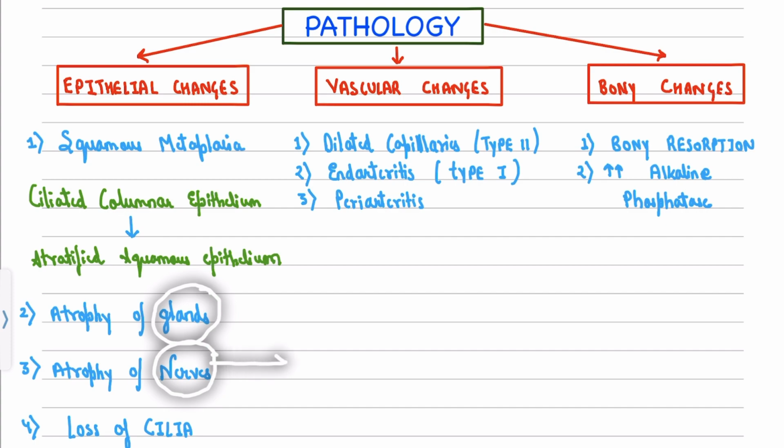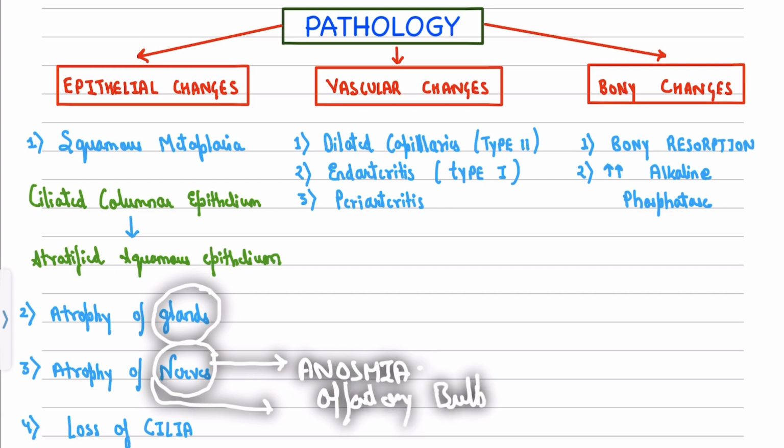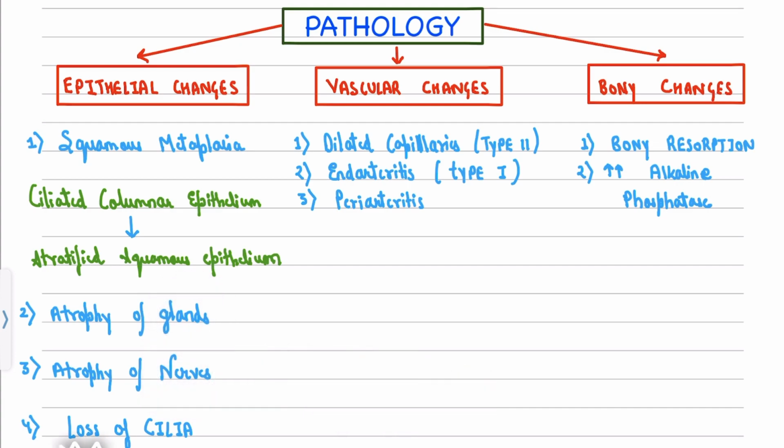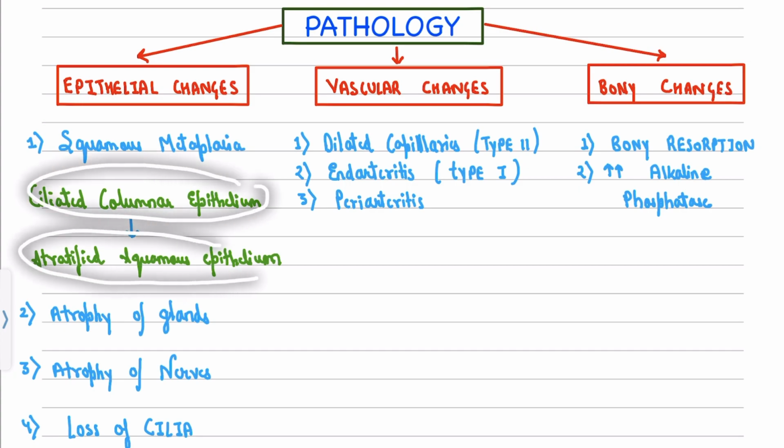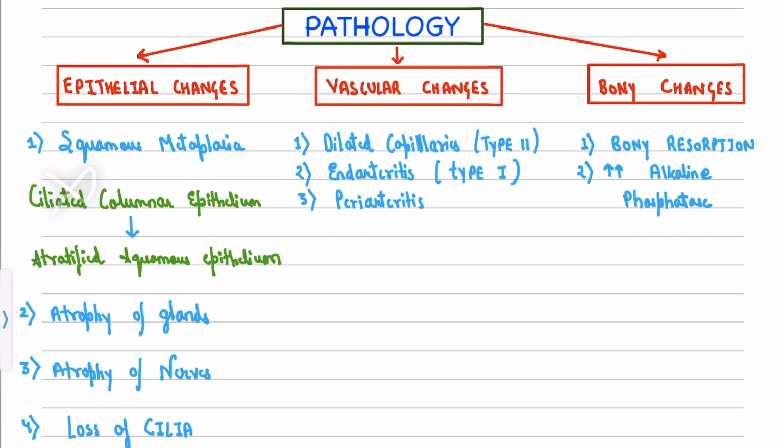Because of atrophy of nerves, the patient develops a condition known as anosmia, because atrophy of nerves also affects the olfactory bulb of the patient. There is also loss of cilia in epithelial changes, because ciliated columnar epithelium is changing into stratified squamous epithelium, so cilia are lost as well.